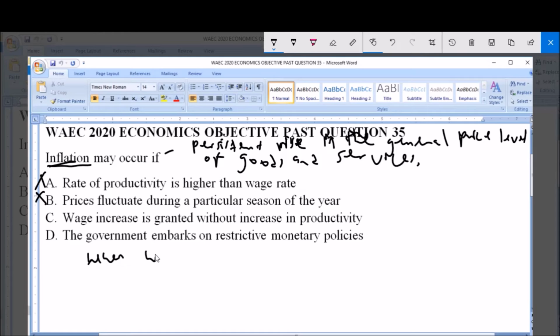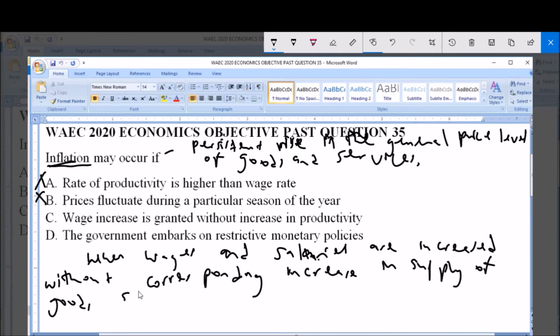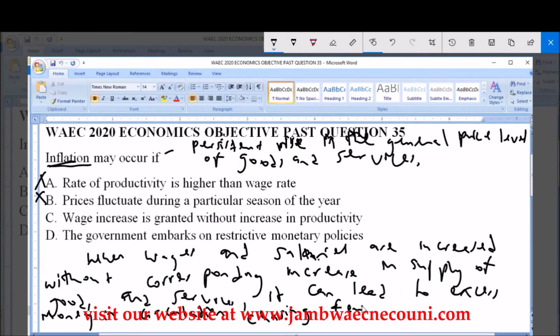Now when wages and salaries are increased without corresponding increase in supply of goods and services, that is production, it can lead to excess money in circulation chasing few goods.